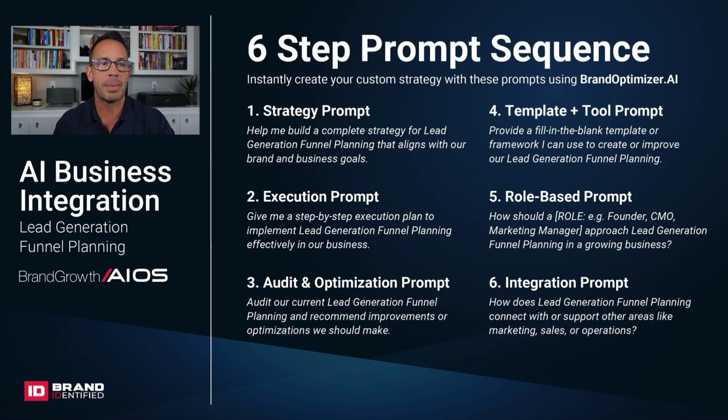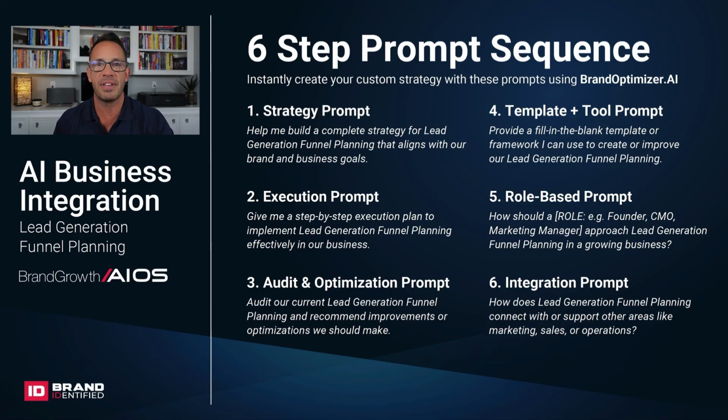And then the 4th prompt here, this is your template and your tool prompt. Provide a fill-in-the-blank template or a framework that I can use to create or improve upon our lead generation and funnel planning. And then the 5th prompt here, this is your role-based prompt. So that is: how should a, and then you would insert your role, your title, or a specific position within your organization, for example, founder, CMO, or marketing manager, approach lead generation and funnel planning in a growing business.